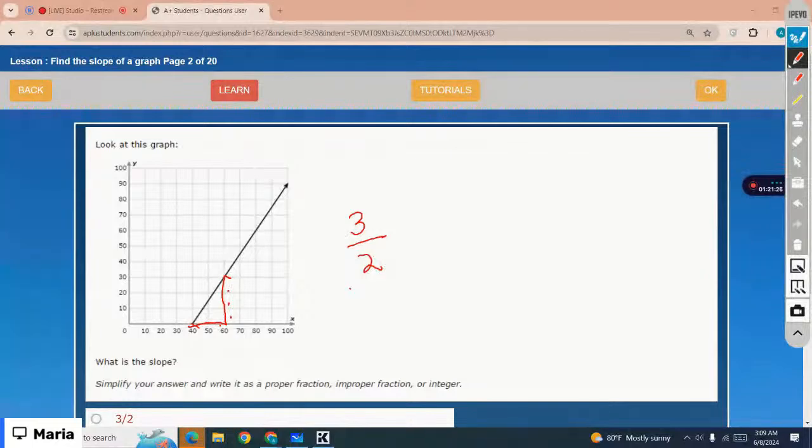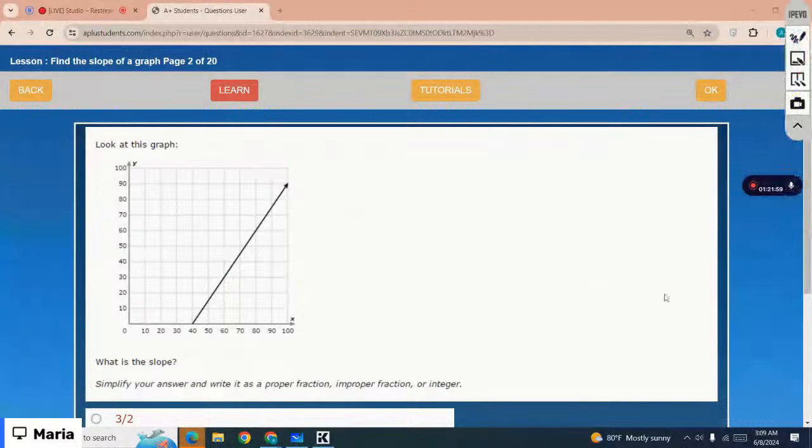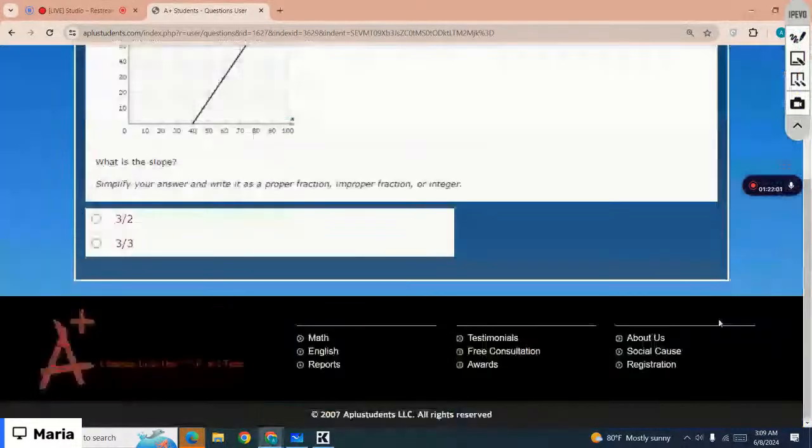That is another easy way to calculate the slope, that is 3 by 2. The correct option is 3 over 2. Option number 1 is the correct option.